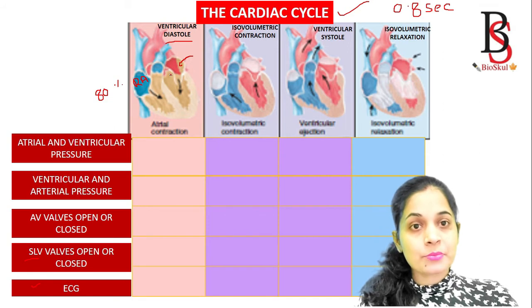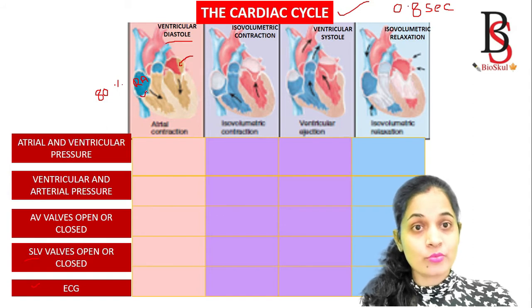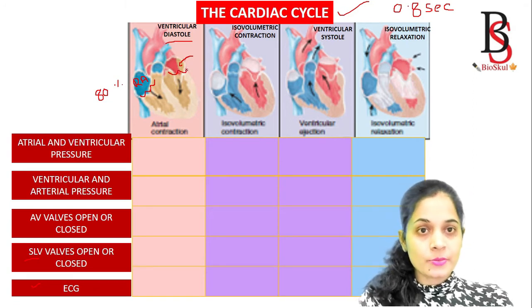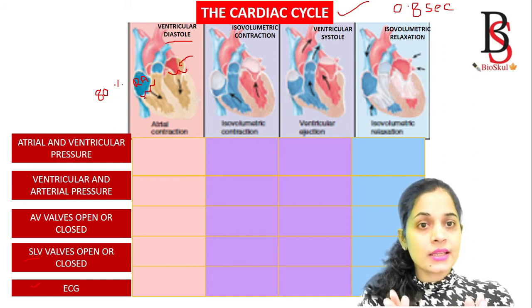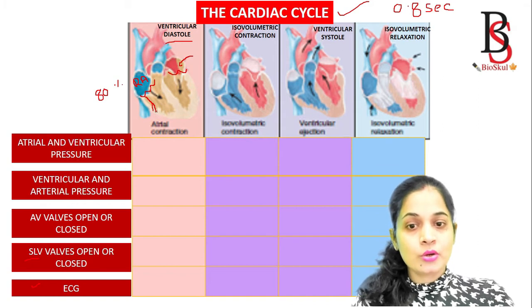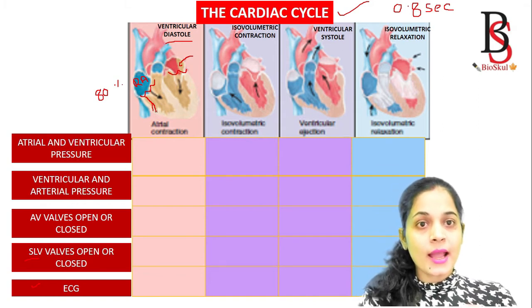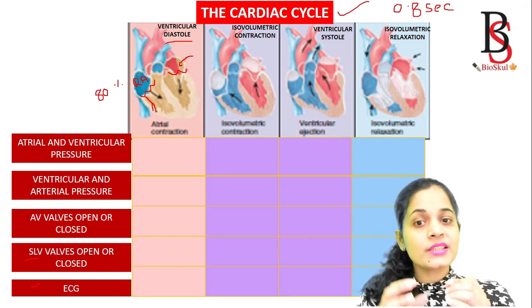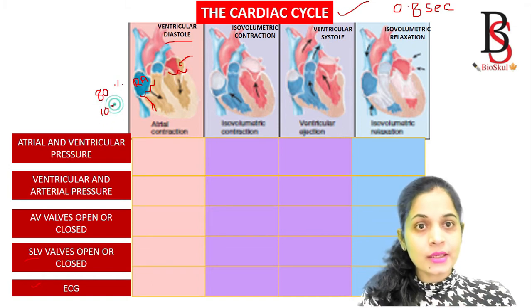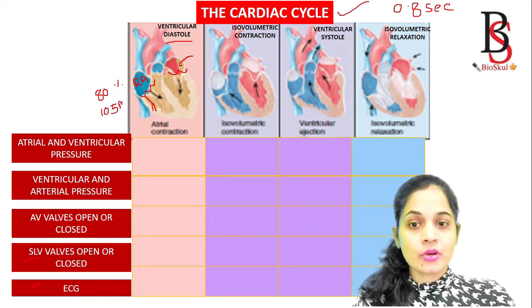This passes through the AV valves, the tricuspid and bicuspid valves. As the ventricles are relaxed, the chordae tendineae that hold the AV valves to the papillary muscle are loose and there are some leaks through which the 80% of blood passes, and that 80% is about 105 ml.